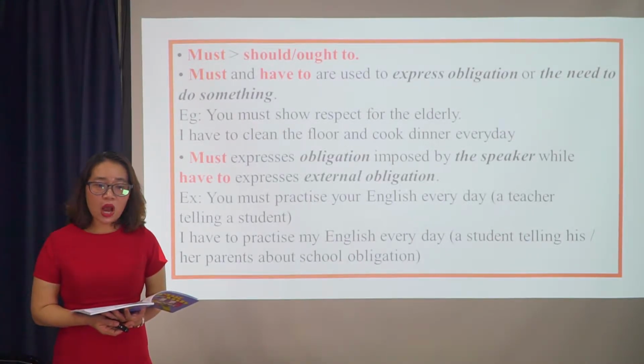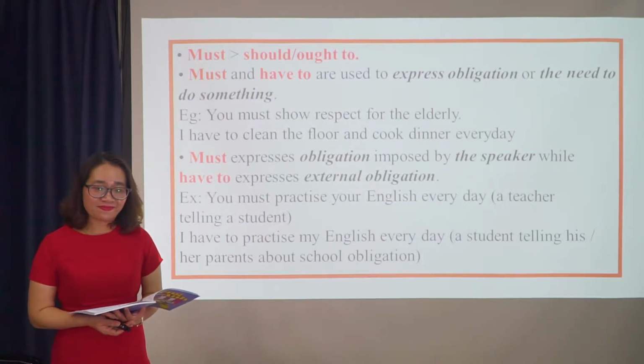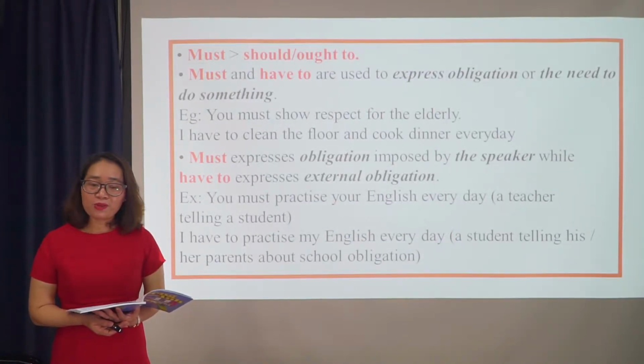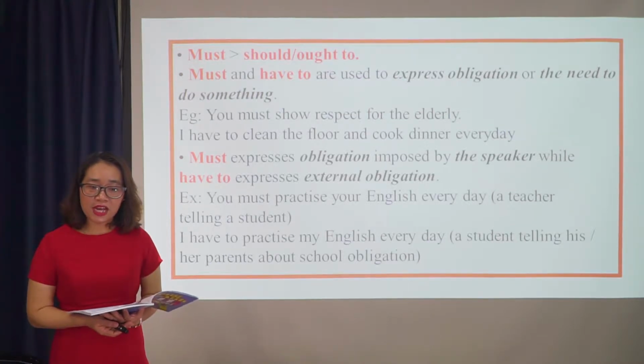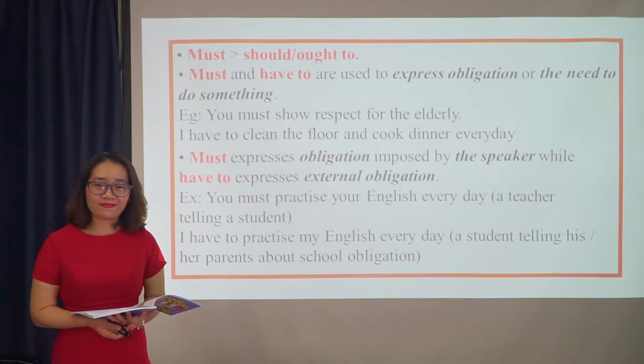Must expresses obligation imposed by the speaker, while have to expresses external obligation. For example, you must practice your English every day. It means a teacher telling a student. Or I have to practice my English every day. A student telling his or her parents about school obligation.